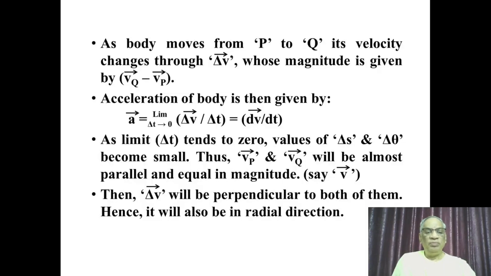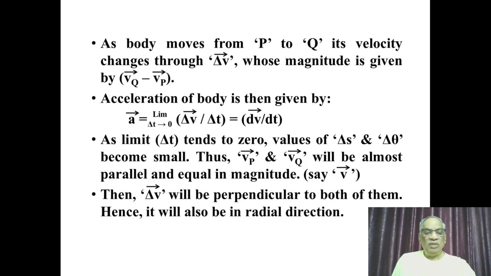As the body moves from P to Q, its velocity changes by delta V bar, given by the vector difference Vq bar minus Vp bar. Then the acceleration is given by the limit as delta t tends to 0 of delta V by delta t, which is equal to dV by dt in vector form. As delta t tends to 0, the values of delta s and delta theta become very small.